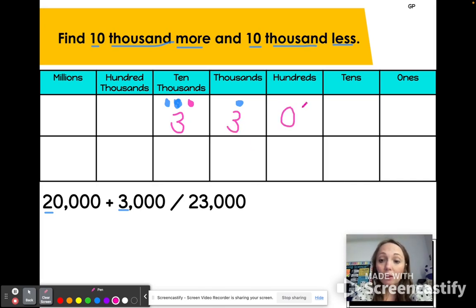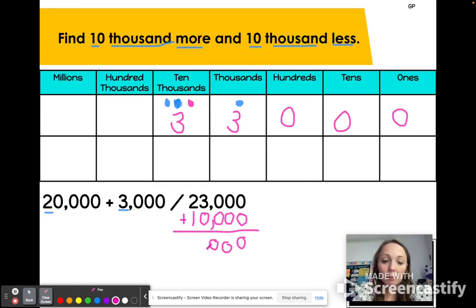So I know that if I added another 10,000 to 23,000 horizontally, sorry guys, I would get 0, 0, 0, comma, 3 plus 0 is 3, and 1 plus 2 is 3. And I would get 33,000. So we know that 10,000 more than 23,000 is 33,000.